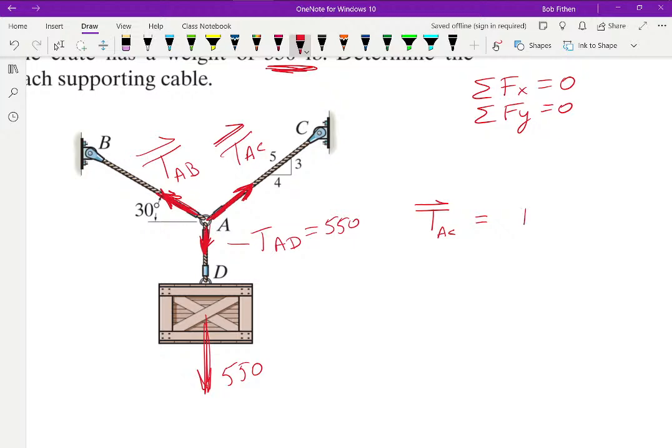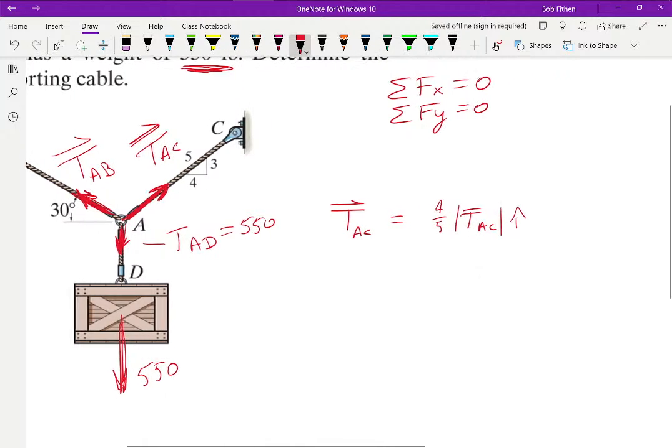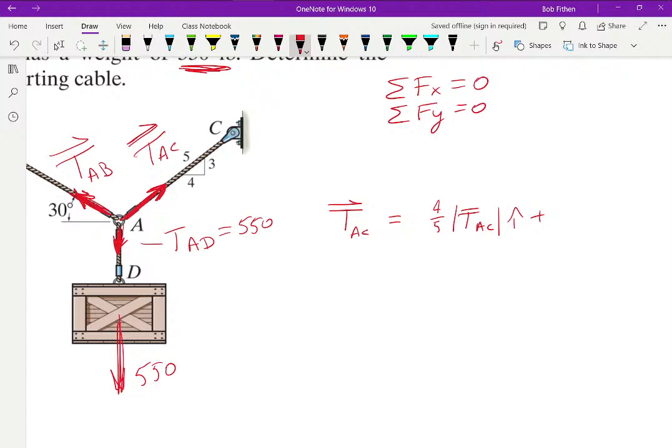So I'm going to say the magnitude turns out it's 4/5 of the magnitude of the TAC in the x direction, plus 3/5 of the magnitude of the tension in the y direction.